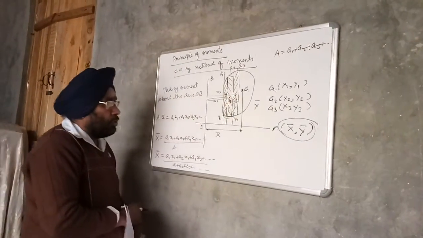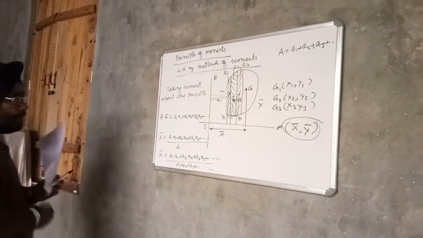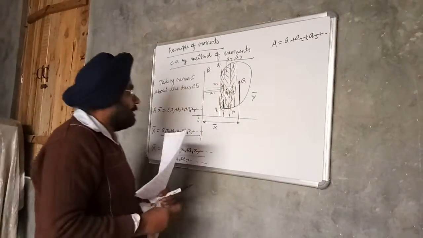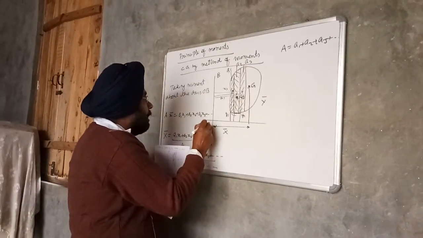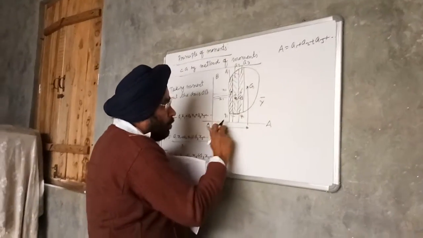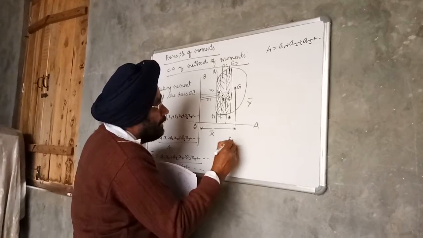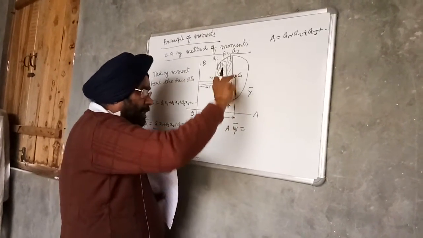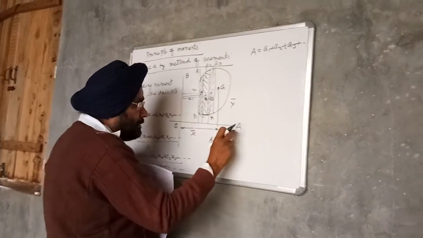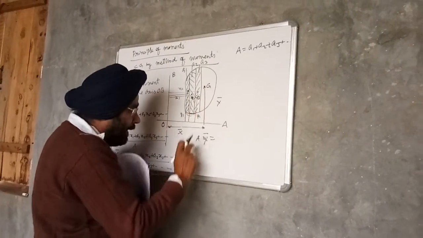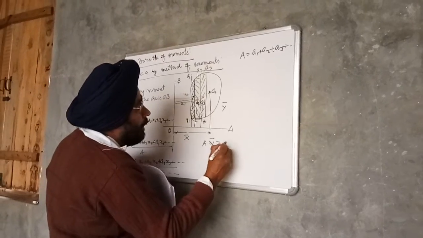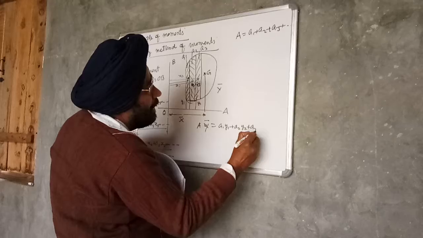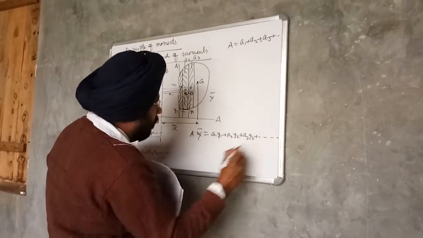Similarly, taking moment about the axis OA, we get A into y bar, where A is the total area and y bar is its perpendicular distance from the axis OA. So A into y bar is equal to A1 y1 plus A2 y2 plus A3 y3 and so on.